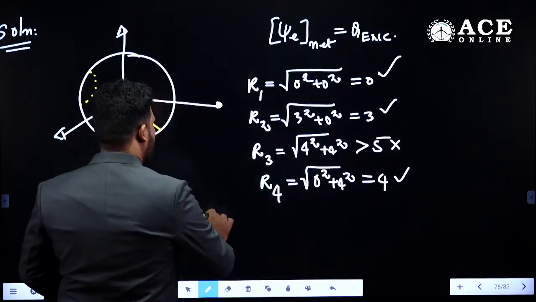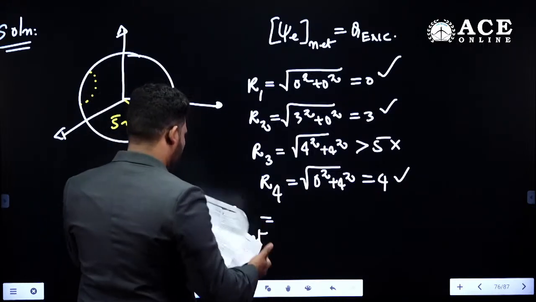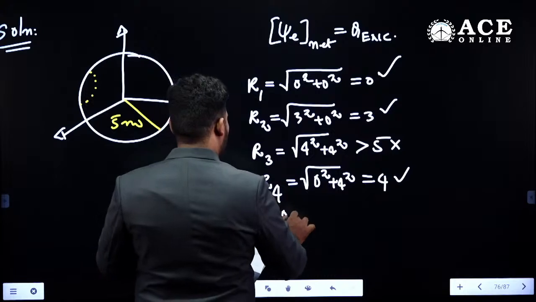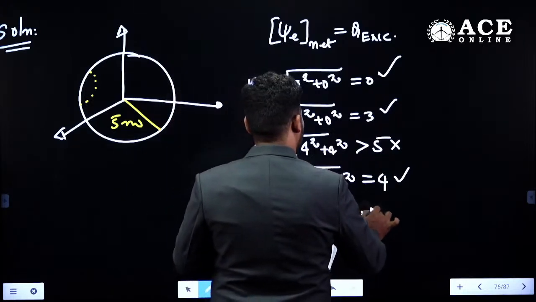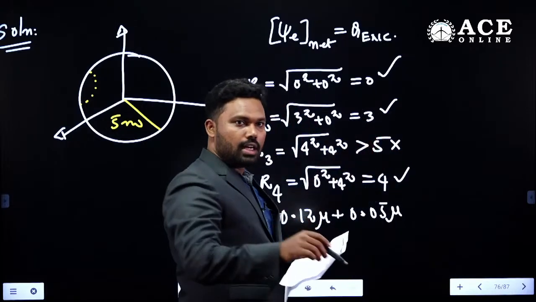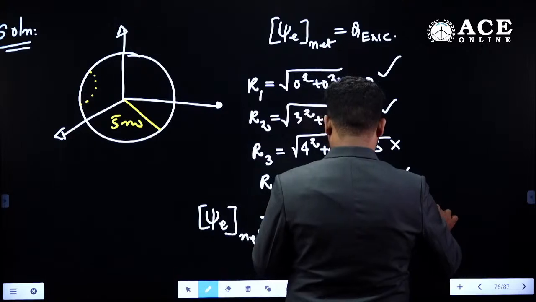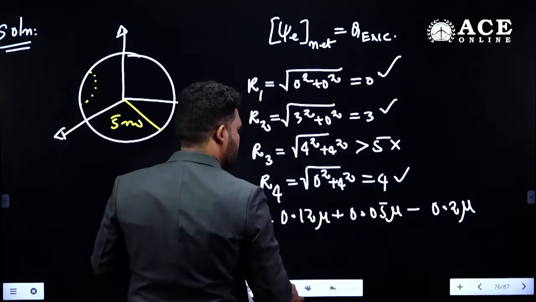Yes. So what is the net electric flux? Net electric flux is equal to the first charge 0.125 micro plus the second one 0.05 micro. You need to discard the third one, and then the fourth one is minus 0.2 micro. So how much will this be?